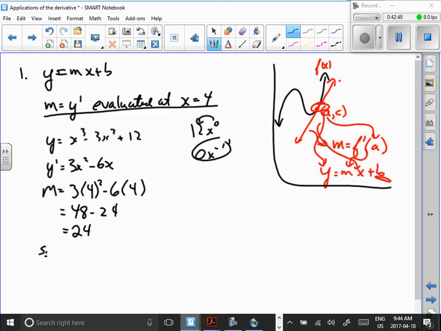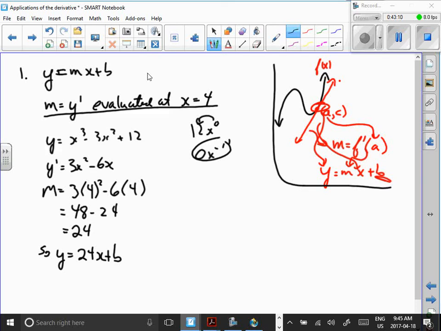So far we've got y equals 24x plus b. We need a point to plug in there. We've got an x value, 4. Right? Can we get a y value that goes with that? Okay?